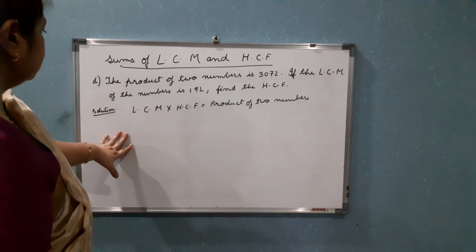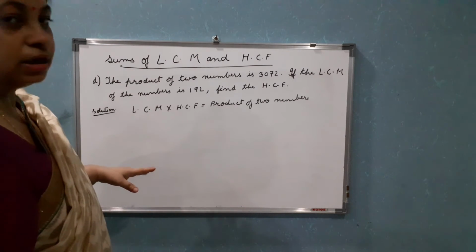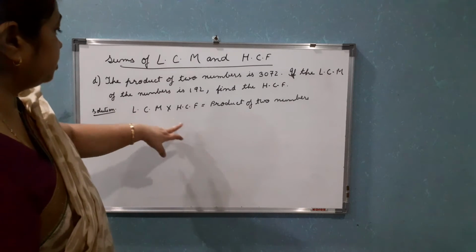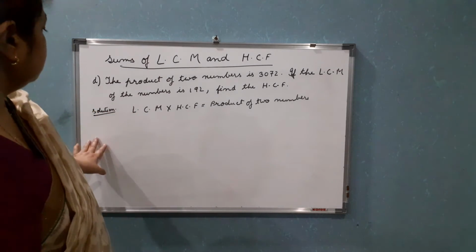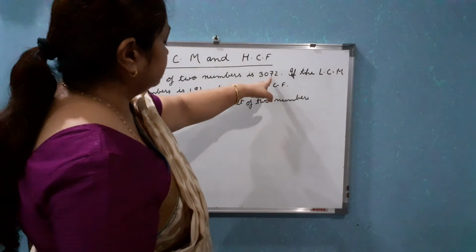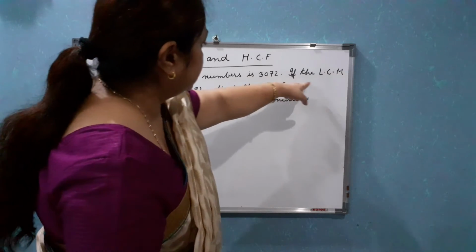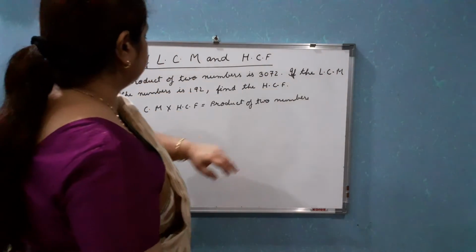Now look here, last video I taught you one concept that LCM into HCF is equal to the product of two numbers. So see this question, the product of two numbers is given 3072. If the LCM of the number is 192, find the HCF.